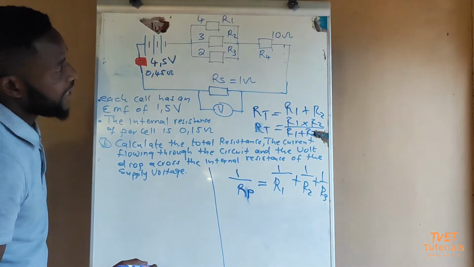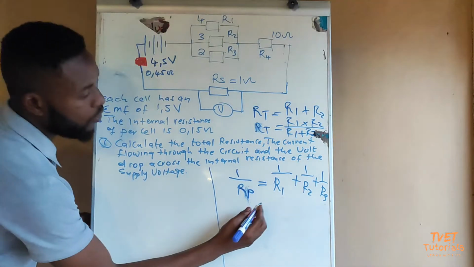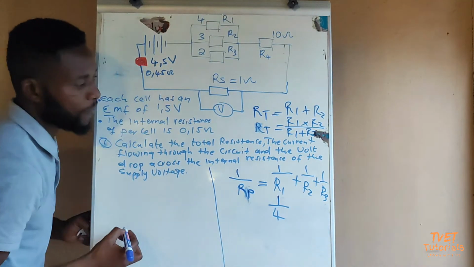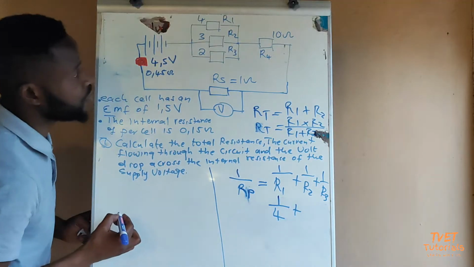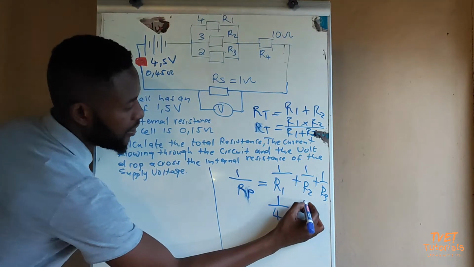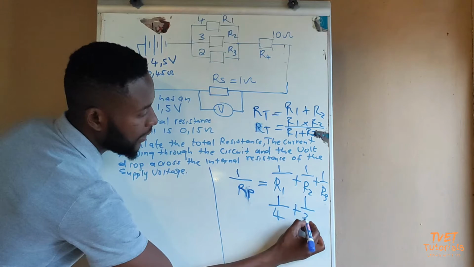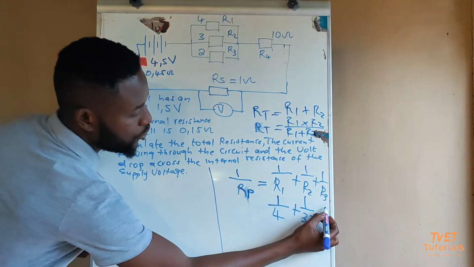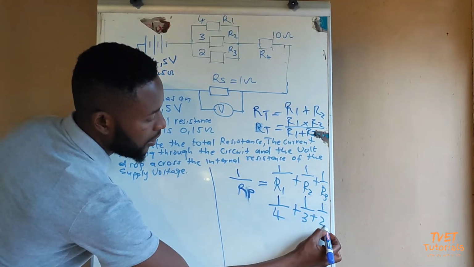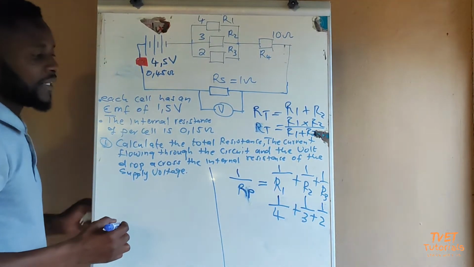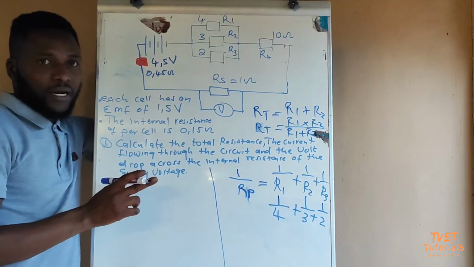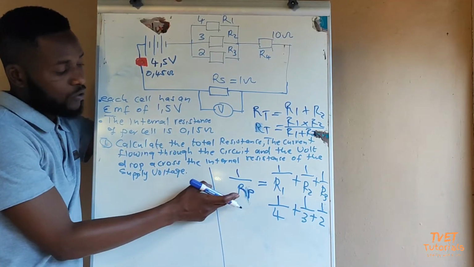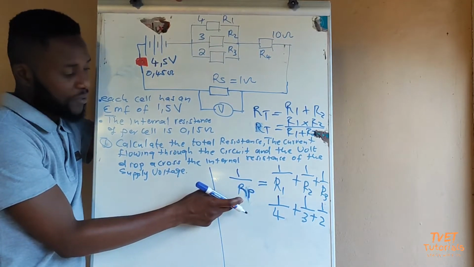Our R1 has a resistance of 4 ohms, so we are going to write this as 1 over 4, plus our R2, 3 ohms, so we write this as 1 over 3, plus our R3 is 2 ohms, so it's 1 over 2. Now, what you have to remember is that you are not calculating the value of 1 over Rp.